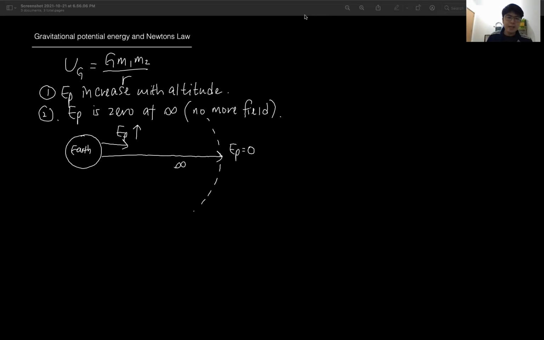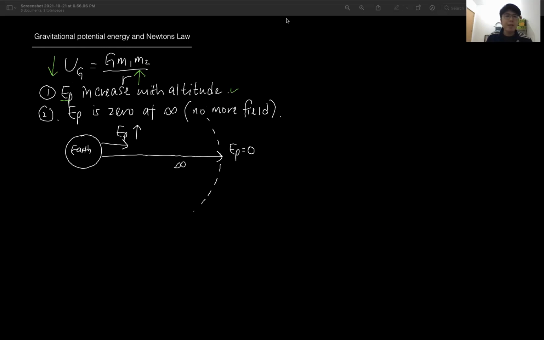So if I increase altitude, based on my equation, if R increases, what happens to my potential energy? It decreases, right? As R gets greater, this value comes down. But the first point says EP should increase with altitude. How come this one is decreasing?